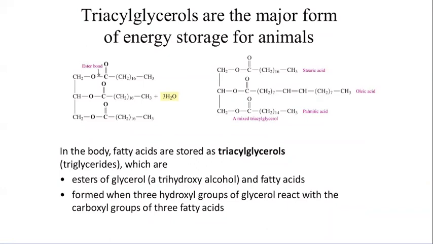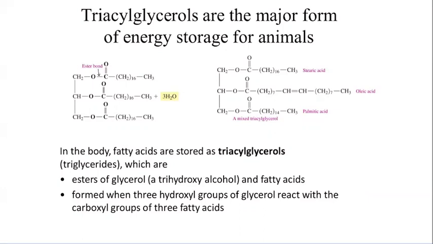Why is it that we store sugar and fat? Because whenever we are not consuming food, we need to make sure that our body still is energized. So the glycogen produces a short-term storage, while fat produces a long-term storage, okay?